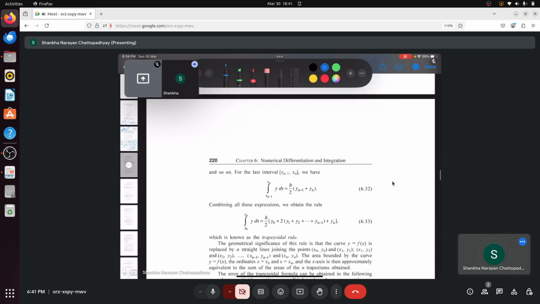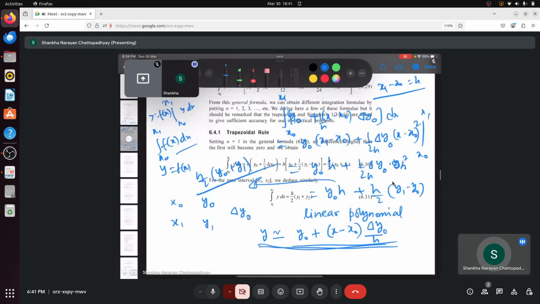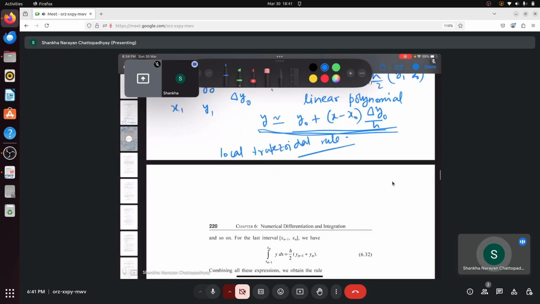Now this is called the local trapezoidal rule. Now you may consider n number of points x0, x1, up to xn, and within each sub interval, what do you need to do?